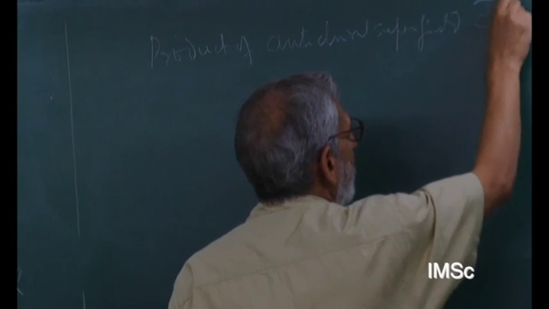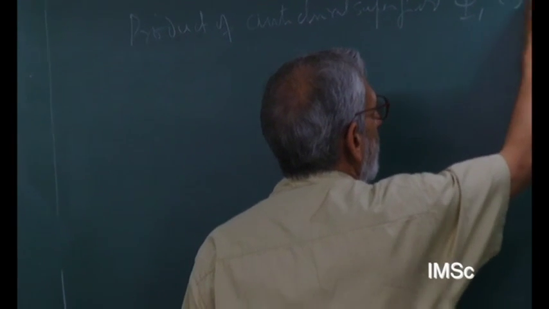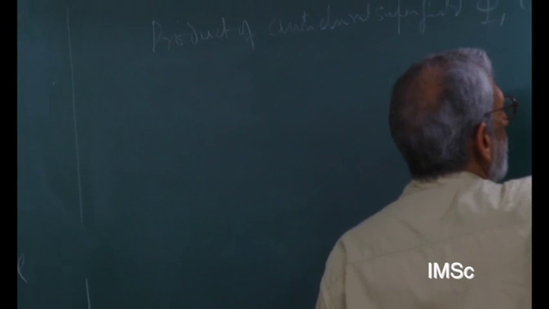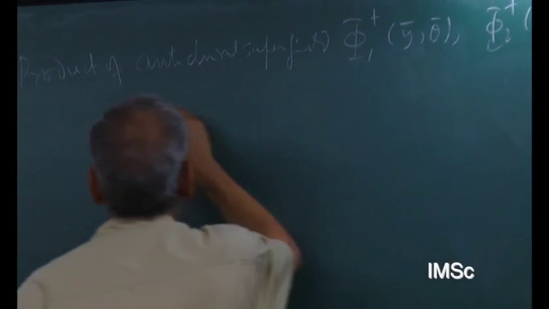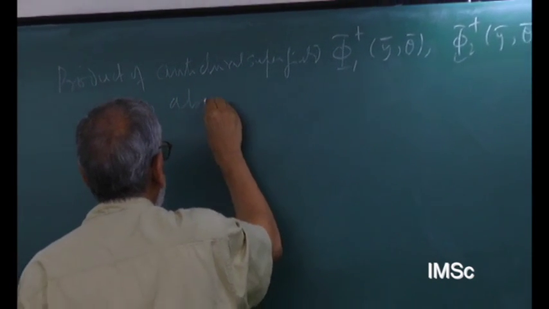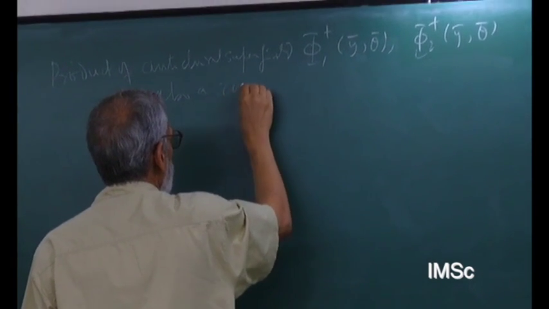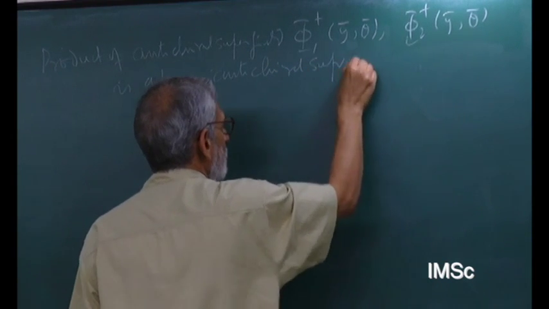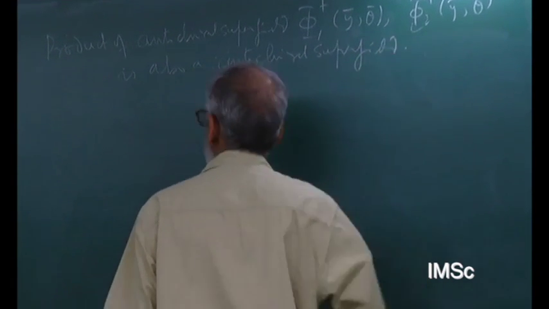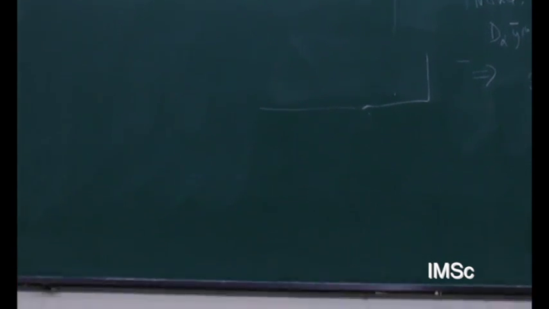Phi 1 dagger, which is a function of y bar and theta bar, and phi 2 dagger, which is a function of y bar and theta bar, is also an anti-chiral superfield by construction. And the various components of this object will be something of this kind only.